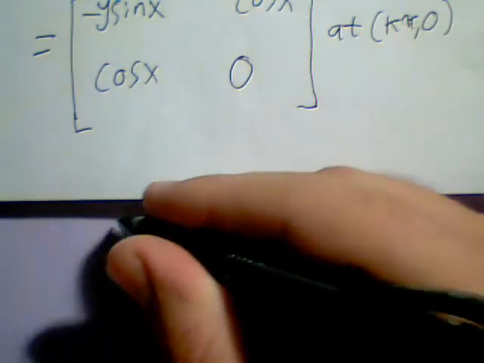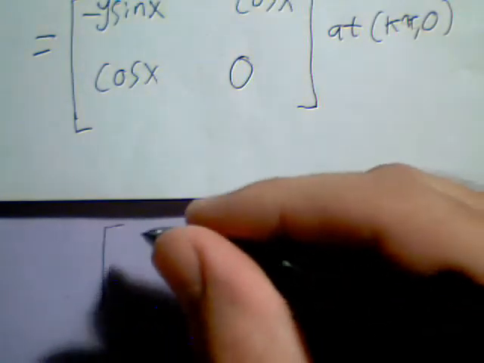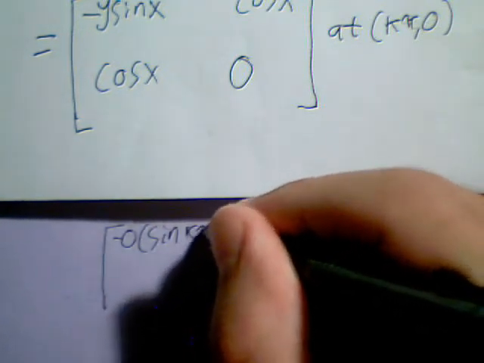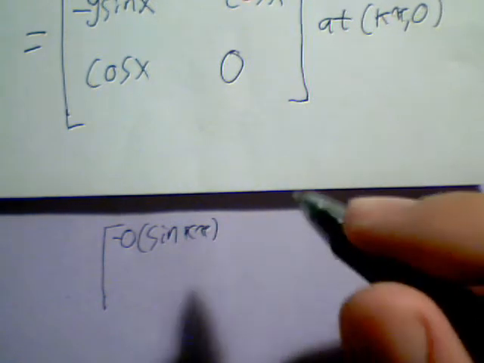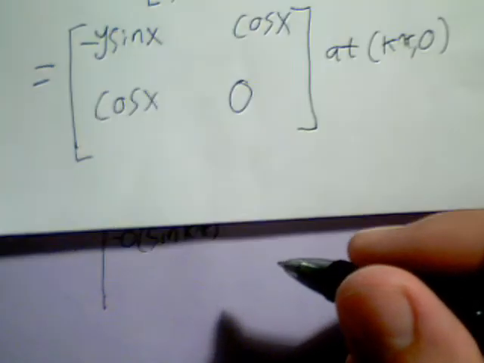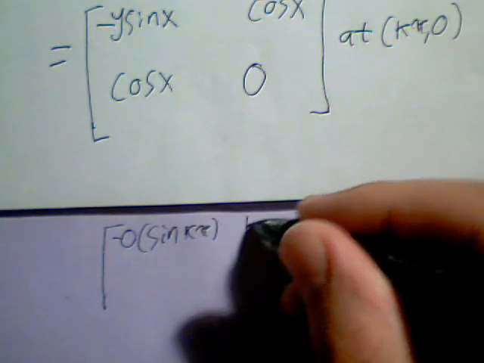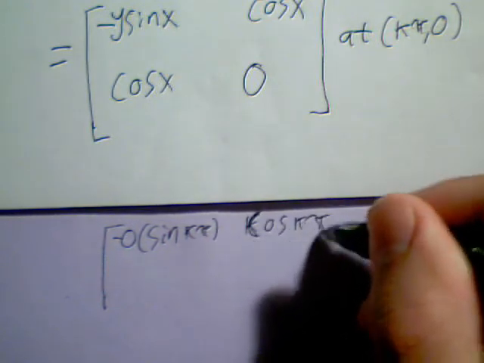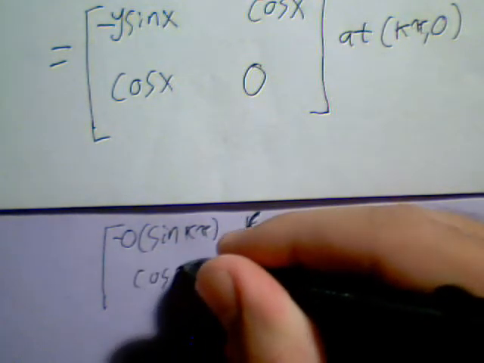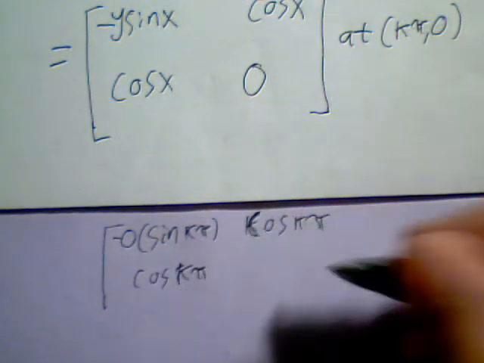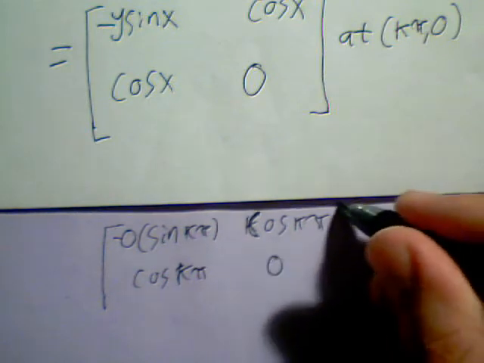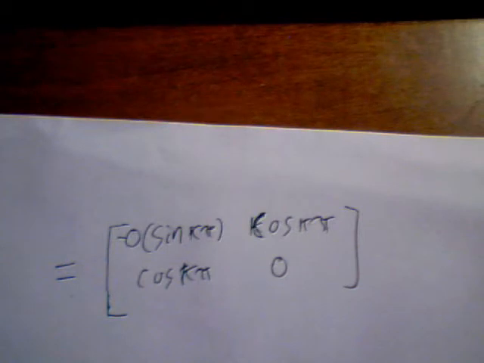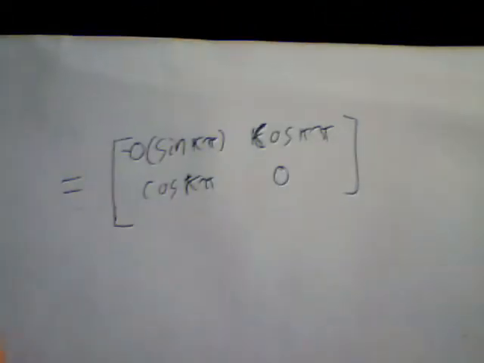It's going to give me this matrix. So I get negative 0 sine k pi, and then my cosines are cosine k pi, cosine k pi, and then this guy down here is going to be 0. So there's my Hessian.